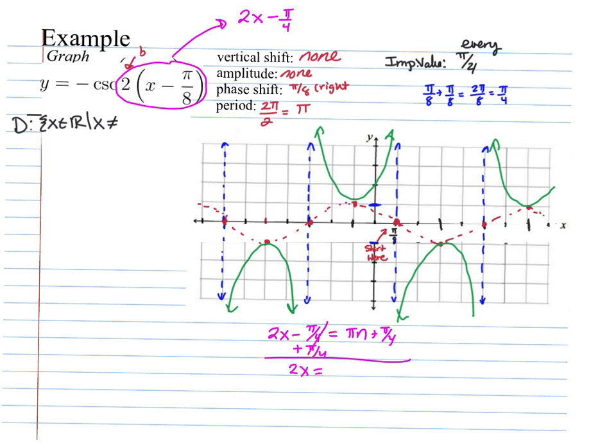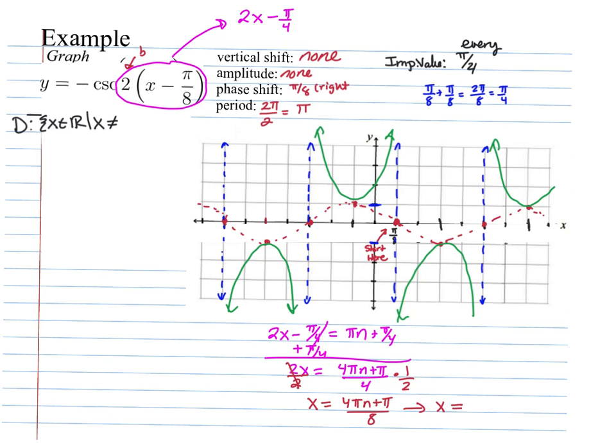I suggest you get a common denominator, so that would be 4 pi n plus pi over 4. And then we are dividing by 2, or multiplying both sides by a half. So that goes away, and we're going to get that x is equal to 4 pi n plus pi over 8.